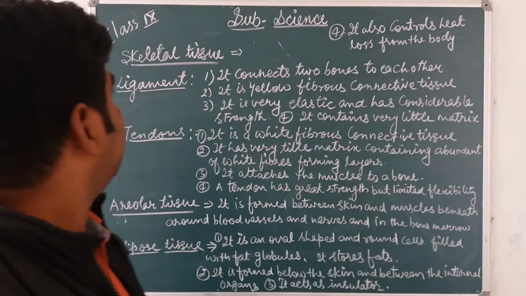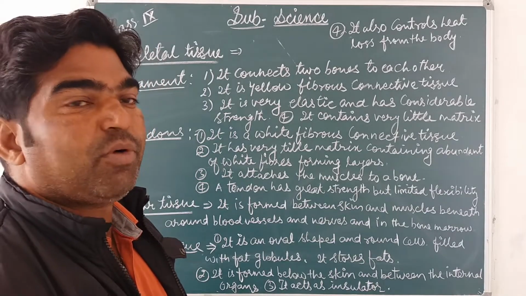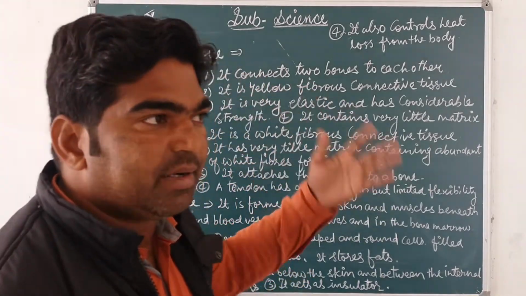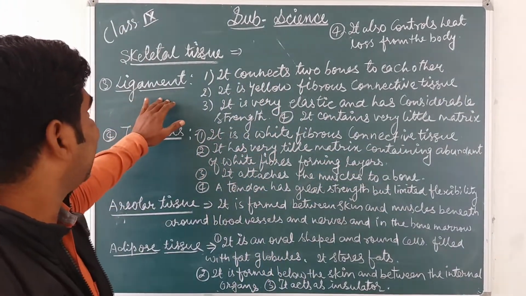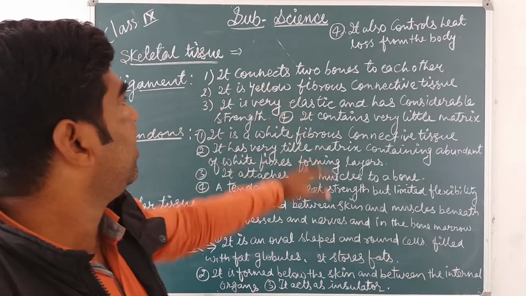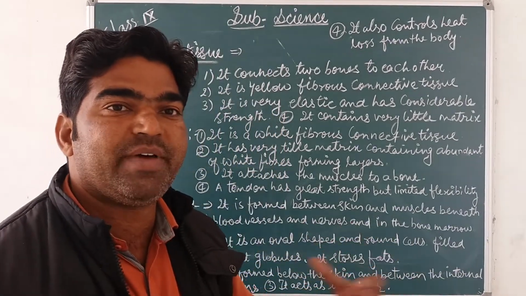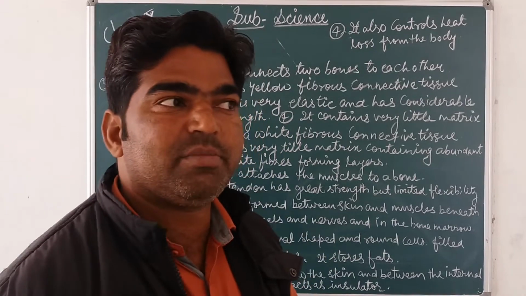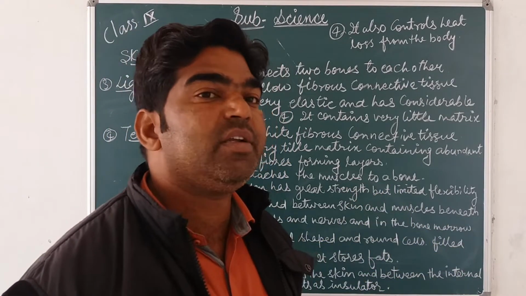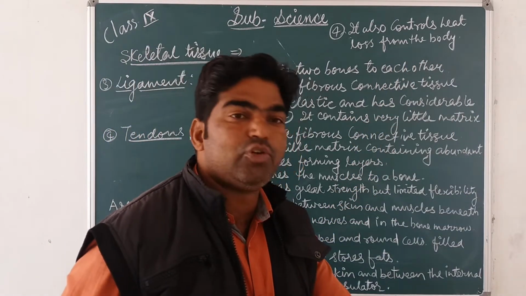So now the next tissue is the ligament. Before this we discussed bone and cartilage. So another skeletal tissue is the ligament. This ligament connects two bones to each other, meaning it is found between two bones, where the two bones are connected, like at the knee joints.